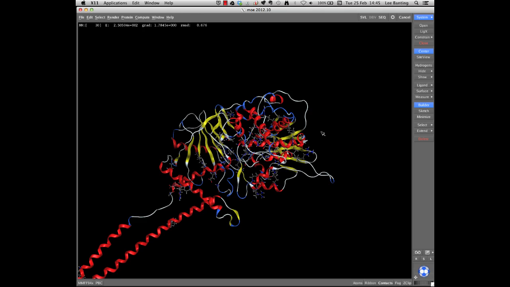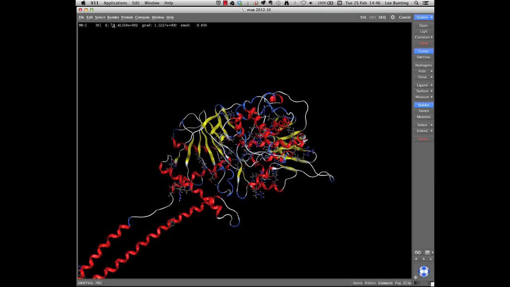And you can see that the minimization takes actually quite a long time compared to our small molecule, which is what you'd expect. We've got more bonds and angles and dihedral angles and charges and van der Waals interactions to consider. So it takes us a while to get to a minimum energy conformation that's going to be a working structure.